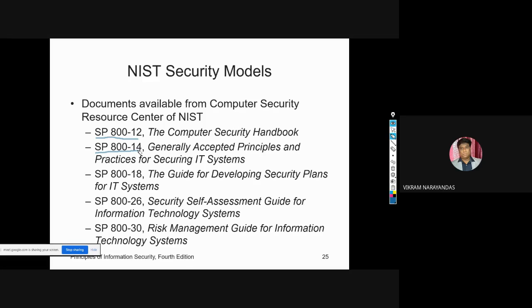The more significant points made in NIST Special Publication 800-14: One is security supports the mission of the organization.